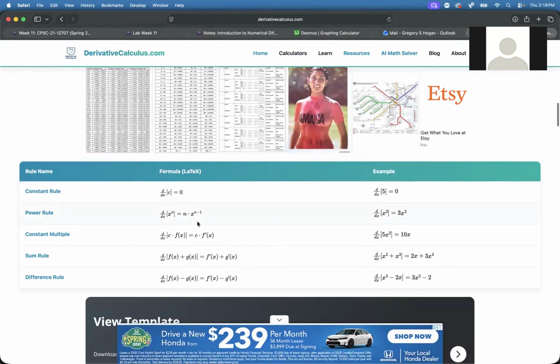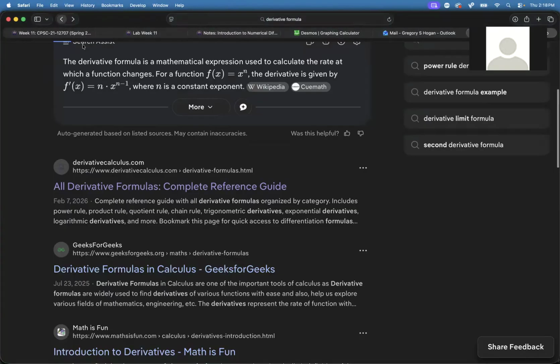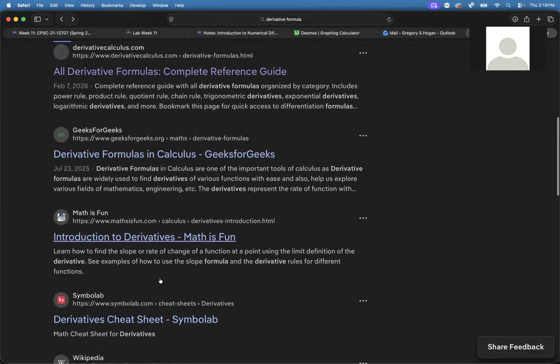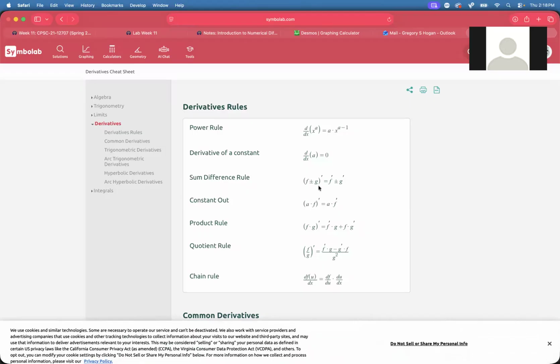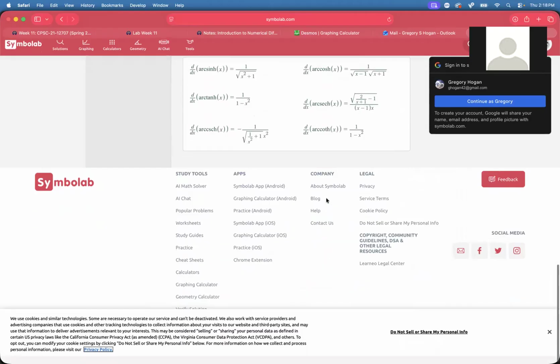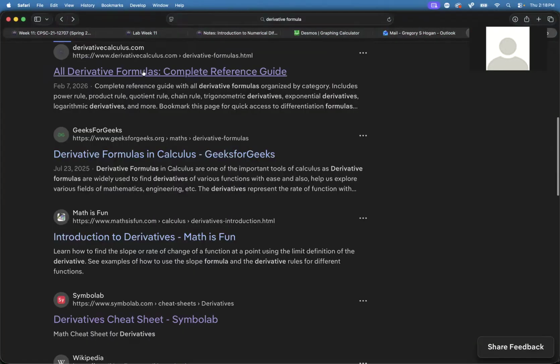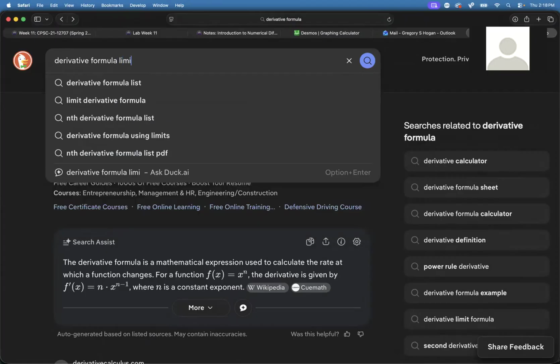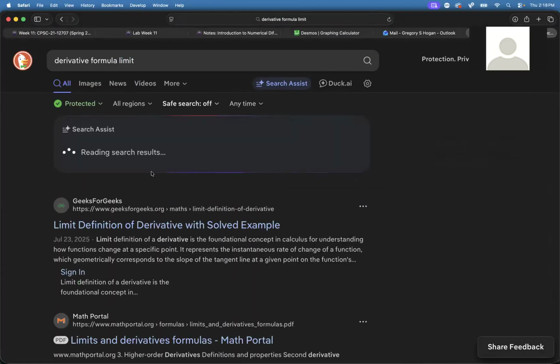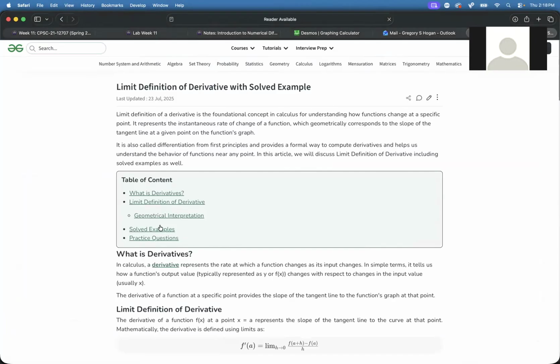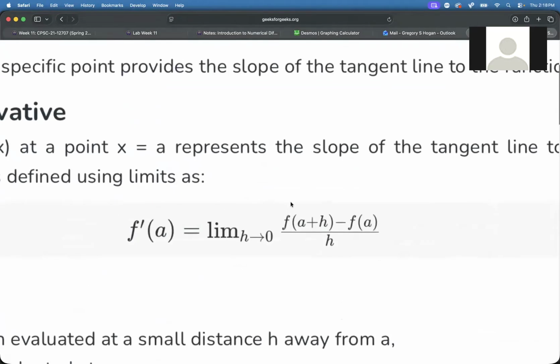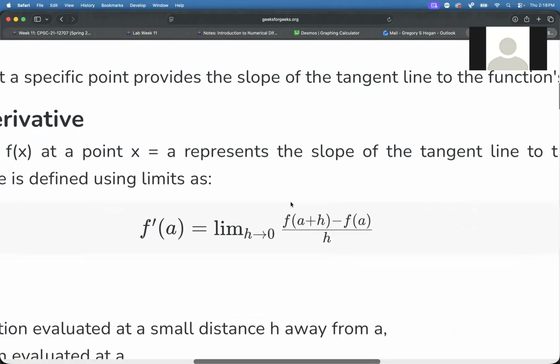No. Oh, come on. Give me the cheat sheet. There we go, Symbolab cheat sheet. No, that's the rules. I want the limit-based formula. That's all I'm looking for. Limit. Aha, there we go. This is all I was looking for.